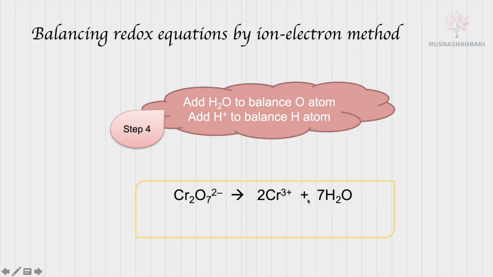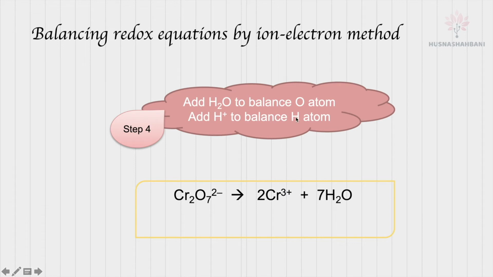So on the left side, we have 7 oxygen. You must put 7 oxygen on the right side by adding 7 H2O. Now the oxygen is balanced. 7 oxygen on the left, 7 oxygen on the right. But you have 14 hydrogen on the right, and no hydrogen on the left.